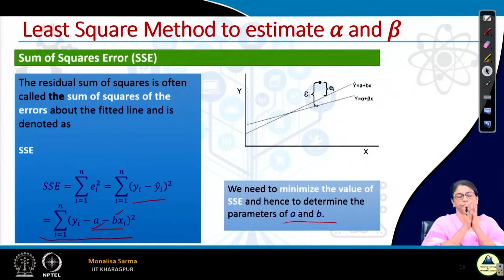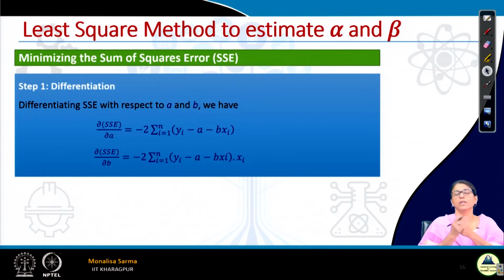Because of different parameter estimates, I get a different line, isn't it? So for what values of the parameters A and B will I get a minimum SSE? When I want to find the value of a variable so that the function is a minimum, it is just partial differentiation and then equating to 0.